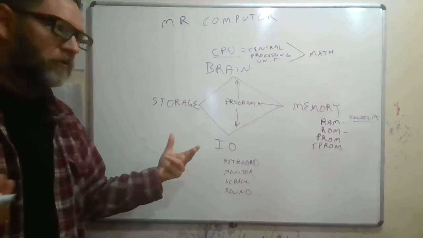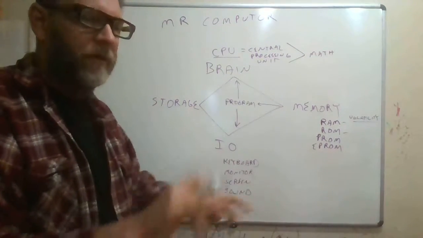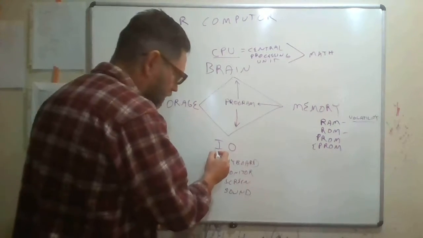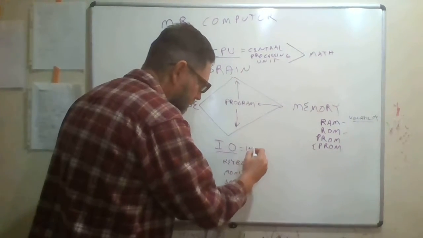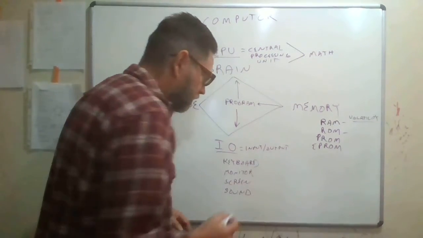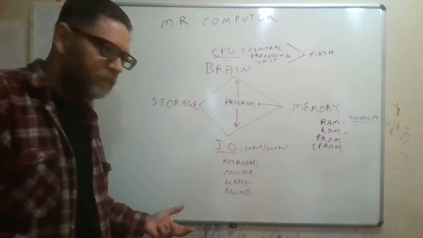It's what you see on the screen. It's typing on the keyboard, telling it what you want to do, writing a letter, going on a website, whatever. I/O stands for input/output, and it is any device where the computer talks to you.